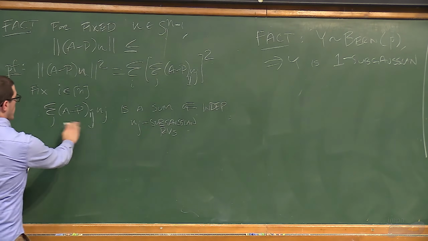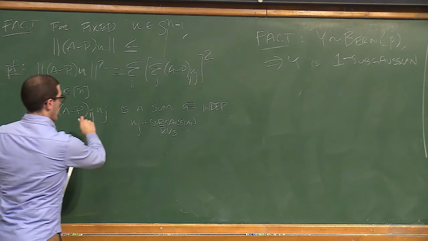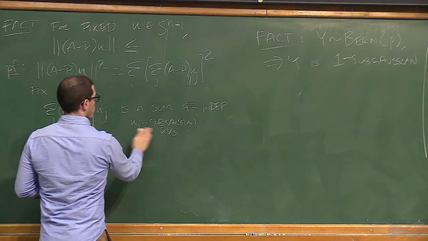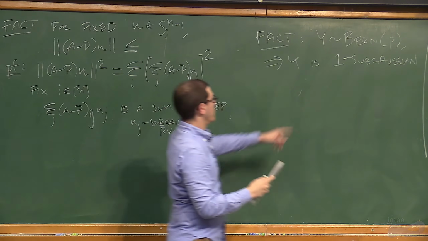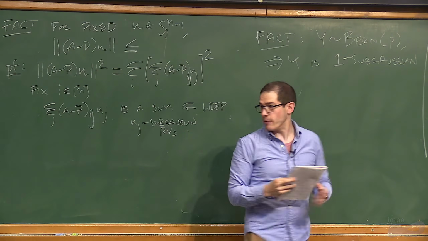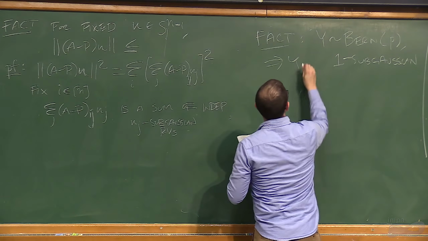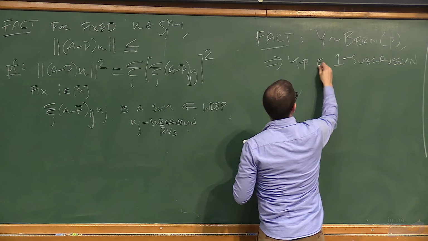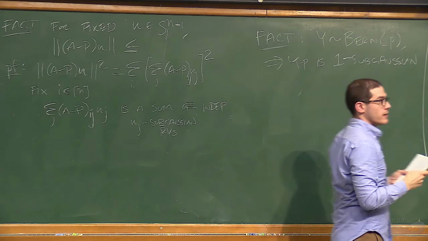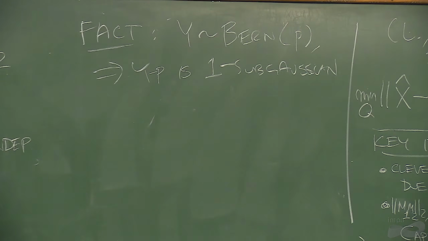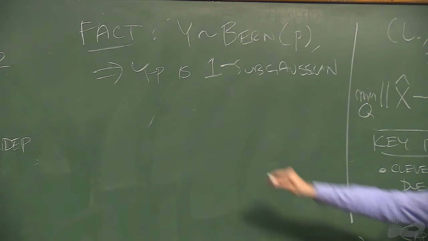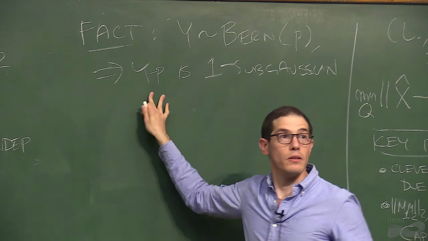So here I have a sum of n independent u_j sub-Gaussian random variables, right? If I have a 1 sub-Gaussian random variable, namely one of my centered Bernoullis here, and I'm sorry, this should be y minus p, right? Anytime we're talking about sub-Gaussian, sub-gamma, any of these concentration properties, our variables need to be centered. So my apologies. Okay? Correction here is that this is a centered Bernoulli.